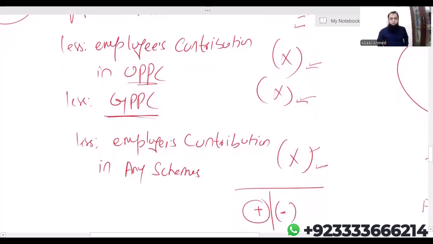Whenever your employer is so nice and contributes for you in personal pension plan, you are not going to gross it up. Only when an individual for himself or herself is contributing in personal pension plan, then you will be grossing it up. If your employer contributes for you in the personal pension plan, you will not gross it up. Whatever is the employer's contribution, just deduct that from your annual allowance limit.